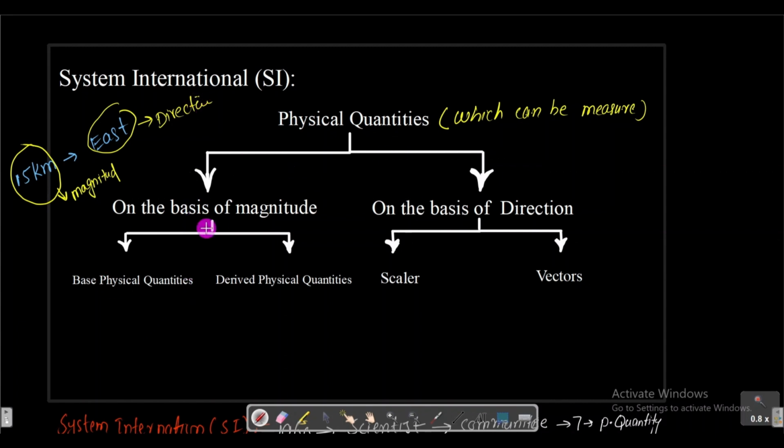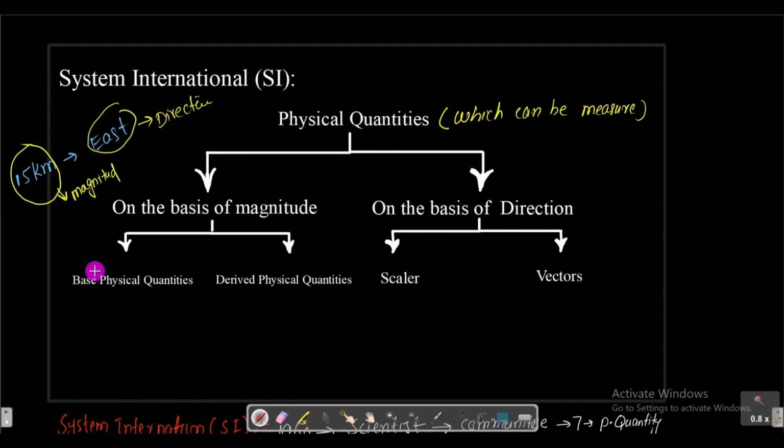So on the basis of the magnitudes, the amount of the physical quantity, we divide physical quantities into base physical quantities and derived physical quantities.